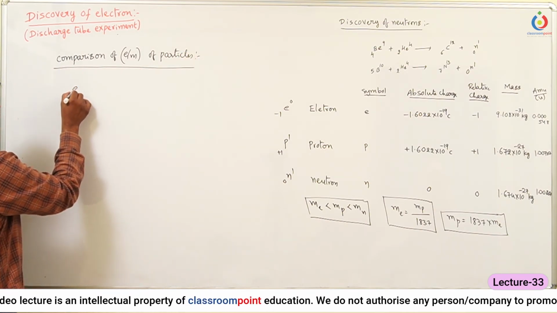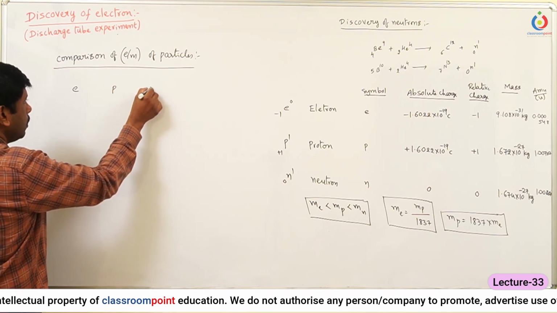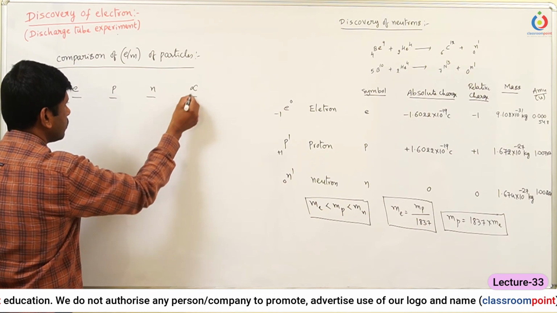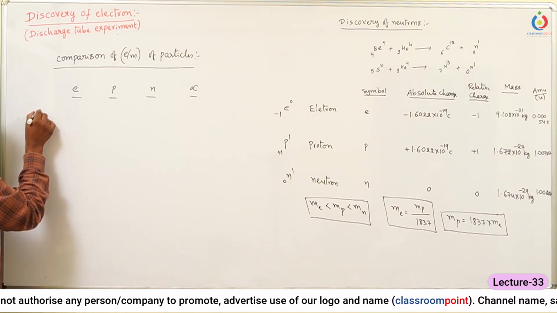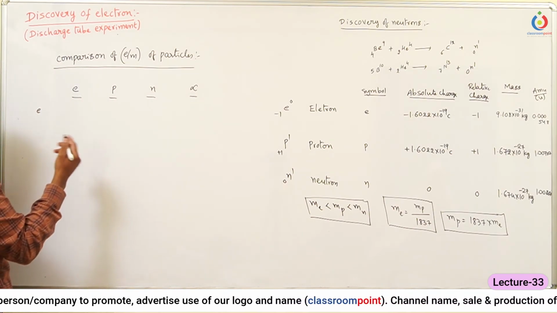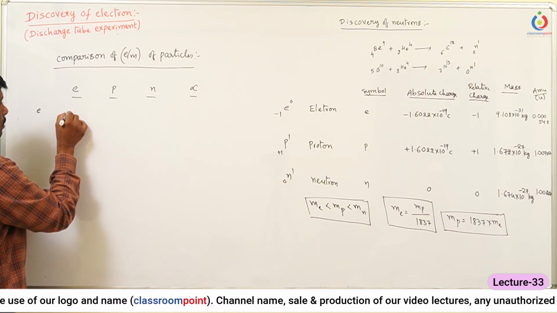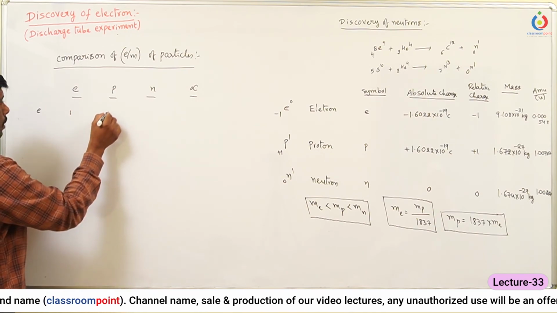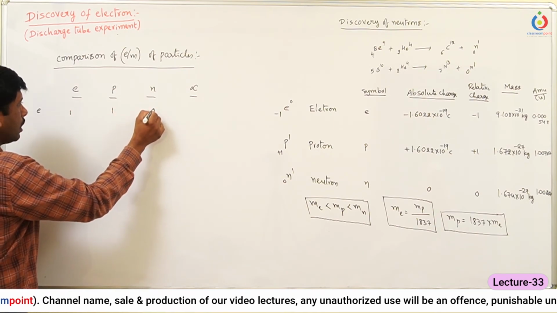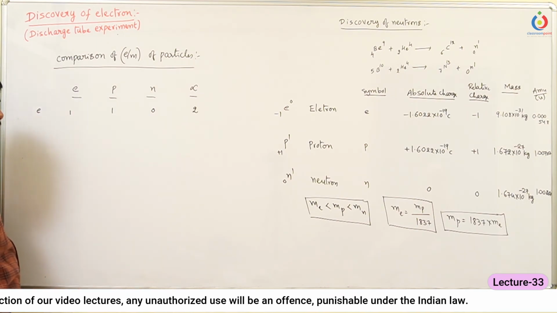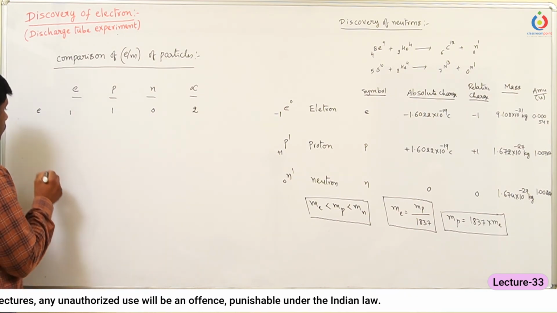So let us take electron, proton, neutron and alpha particle charge to mass ratio values. First of all, let us take the charge value. Charge of electron, let us take it as 1, proton 1, neutron is 0, alpha particle is +2 charge. Symbol not necessary to take, only values we are taking.